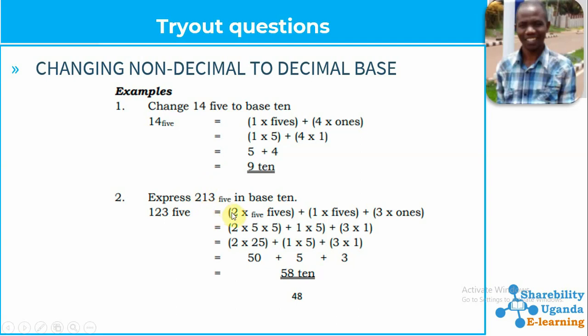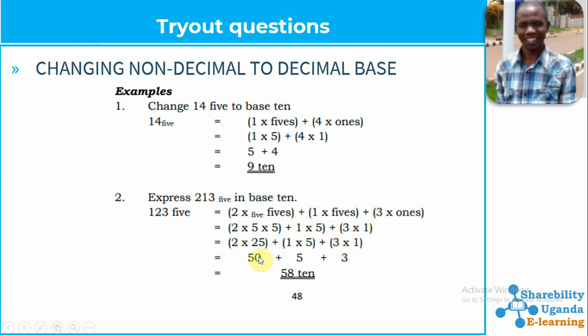So we shall say 2 times our 25, then 1 times our 5, then 3 times our 1s. So 5 times 5 is 25, and 1 times 5 is 5, then 3 times 1 is 3.